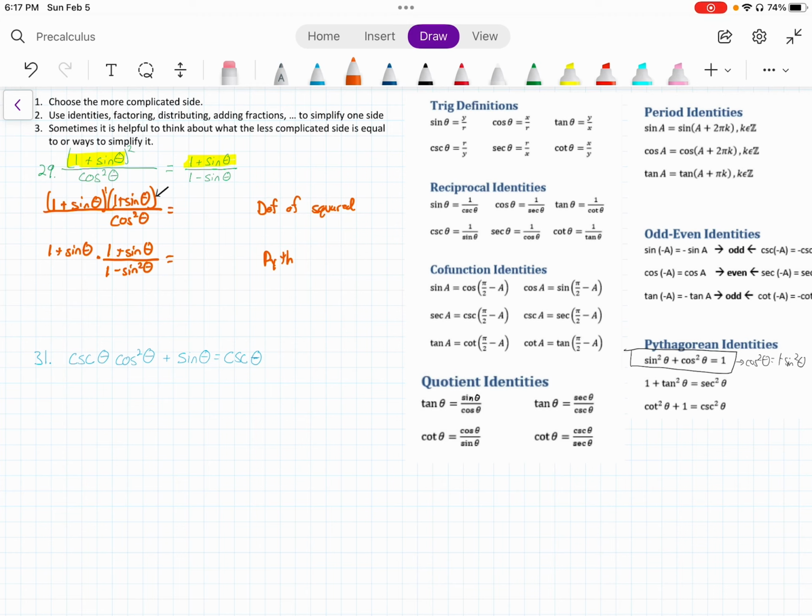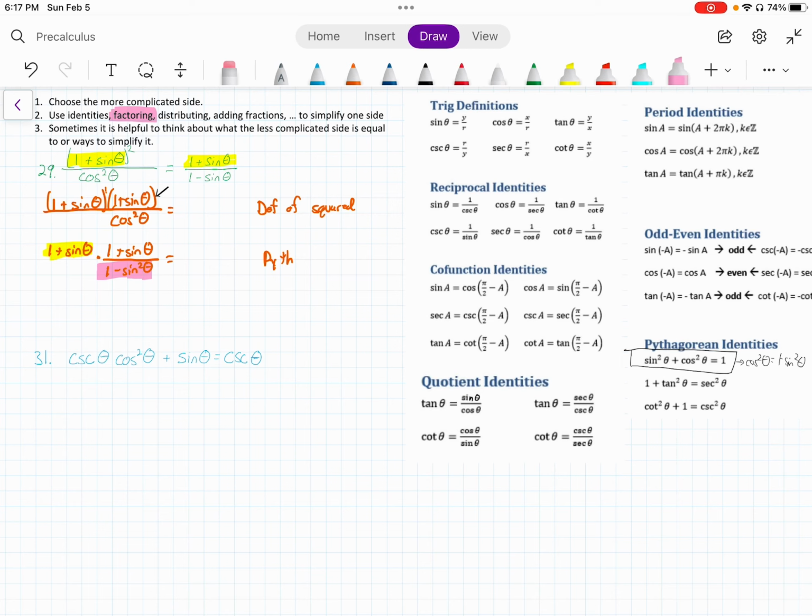Now, do you notice what's going to happen here? We have what we want on top. We want a 1 minus sine theta on the bottom. And here is what you need to realize, highlighted in pink here: this is a difference of squares, and we can factor it. We haven't done a lot of factoring, but our second step says use identities, factoring, distributing, and some of those other things.